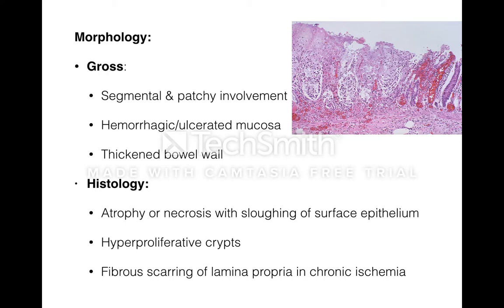Bacterial superinfection can lead to pseudomembrane formation, which would resemble C. diff pseudomembranous colitis, which we'll touch on in a different lecture. Chronic ischemic disease, in contrast, will have fibrous scarring of the lamina propria, and you can get possible stricture formation as well.